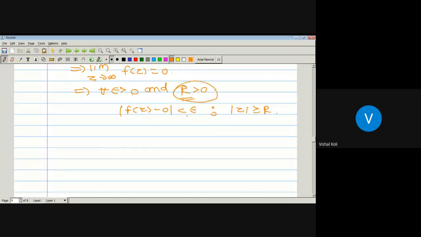That is, mod f of Z is less than epsilon whenever mod Z is greater than or equal to r.